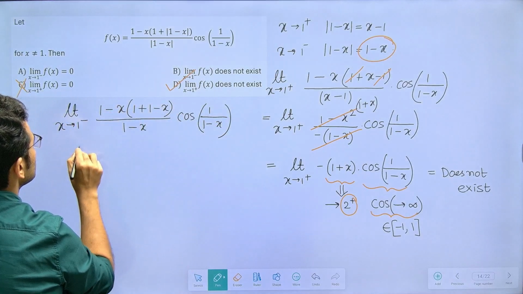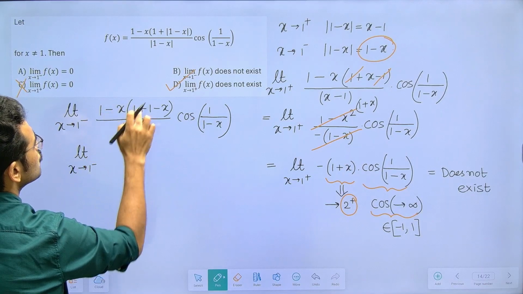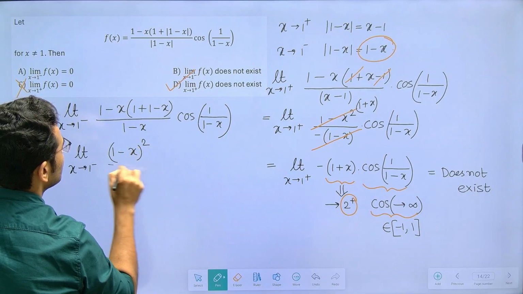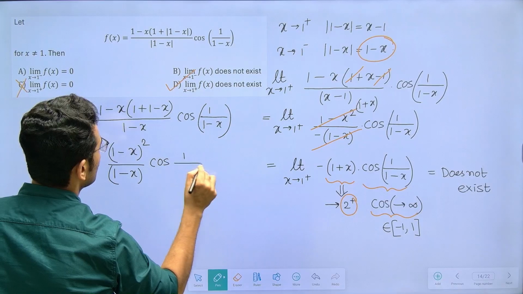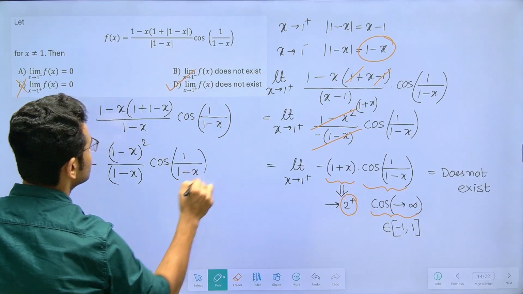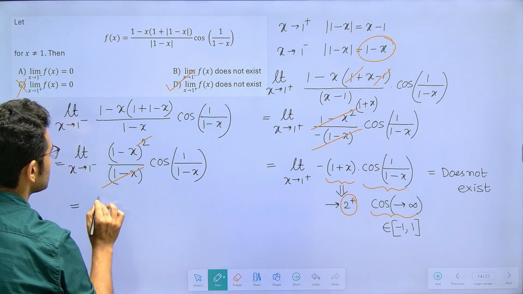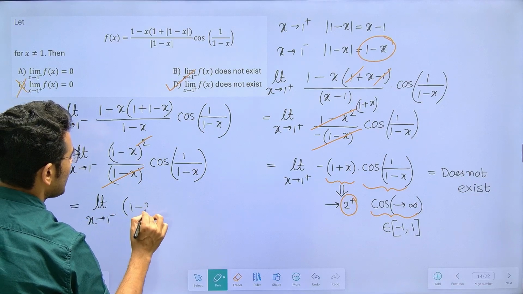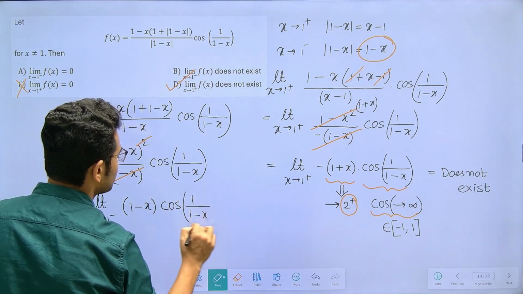So if you simplify the numerator, it is 1 minus 2x plus x square, that is 1 minus x square, divided by 1 minus x into cosine of 1 by 1 minus x. So the factor 1 minus x cancels and that is giving us limit x tends to 1 minus, (1 minus x) into cosine of 1 by 1 minus x.